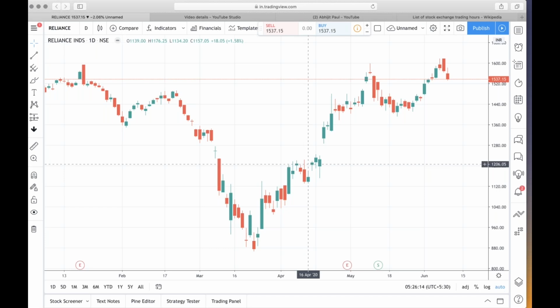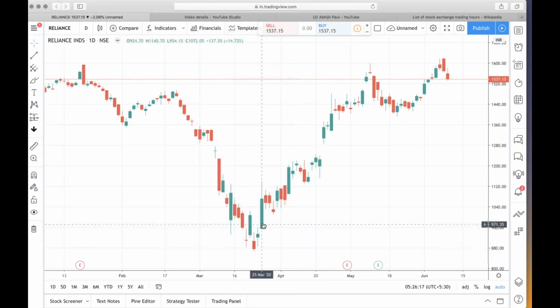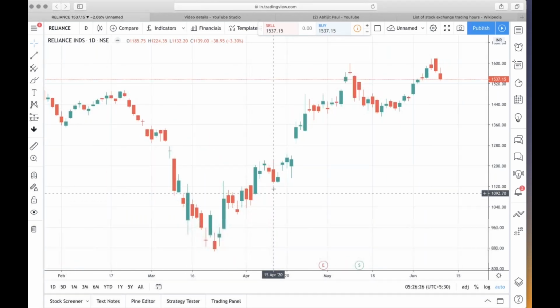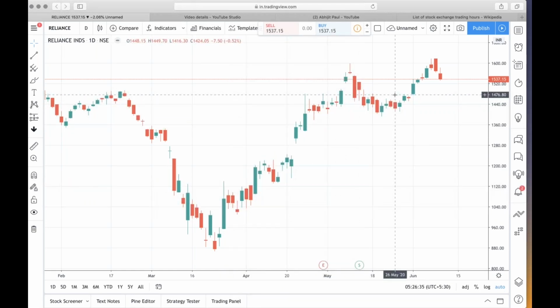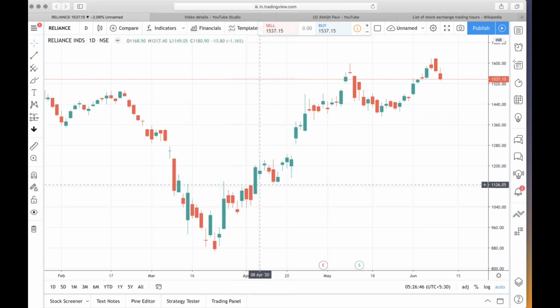The main reason why I categorically keep on repeating that daily is one of the best, if not the best, time frames to trade for a positional trader is because each and every candlestick or bar represents one day, and the amount of information, the amount of time that goes inside one particular candlestick here is same across all of them.